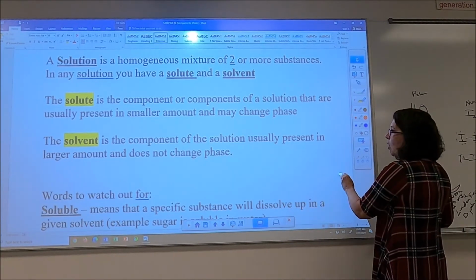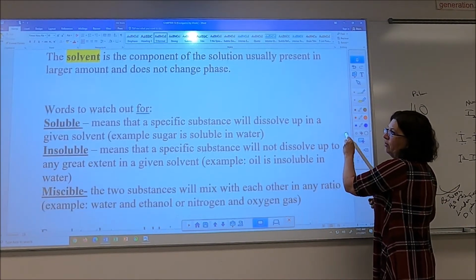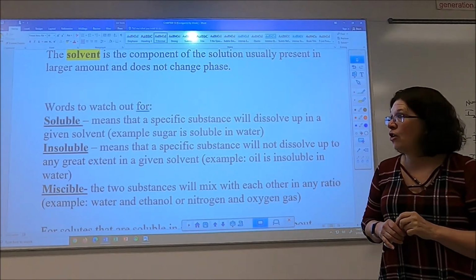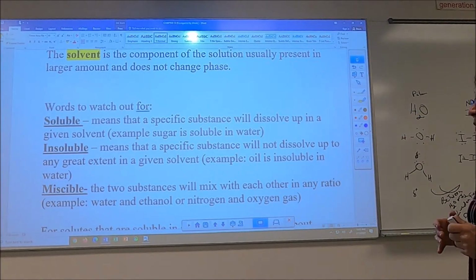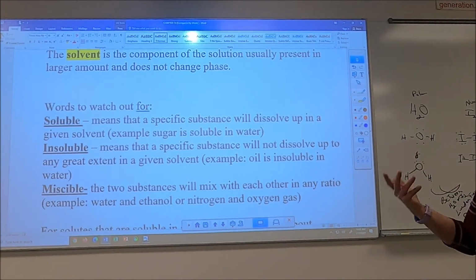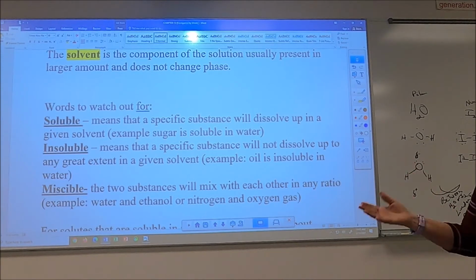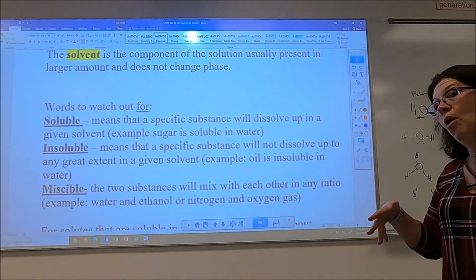So we're going to watch out for words: soluble, insoluble, miscible. Soluble means that a specific substance will dissolve in a given solvent. So sodium chloride is soluble in water.